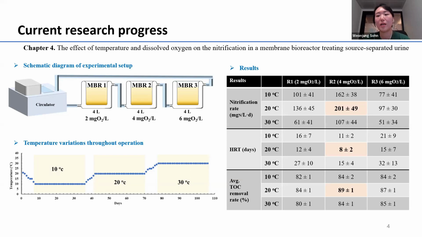Sorry, my bad. Because as you can see in the nitrification rate between 10 degrees and 20 degrees, at 10 degrees nitrite accumulation didn't happen, because I'm assuming AOB and NOB can be balanced well, and it's just the low temperature that affects the bacterial activities.